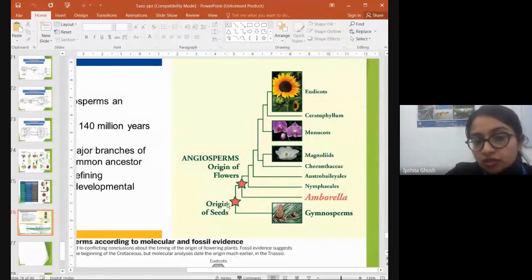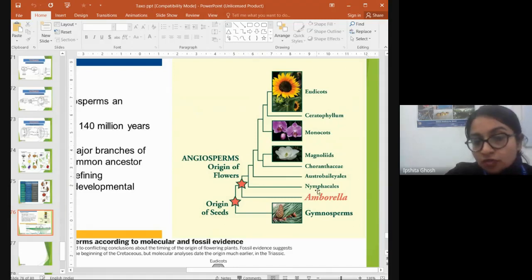Okay, so here you see the origin of seeds started somewhere in the gymnosperms, when the gymnosperms were developing, because before gymnosperms we did not find the presence of proper seed. From gymnosperms we have seen how seeds started developing and evolving, and gradually they developed a coating on them, and in the form of a fruit, so fruit formation develops during the evolution of the angiosperms.